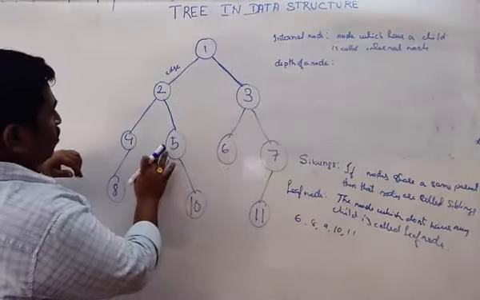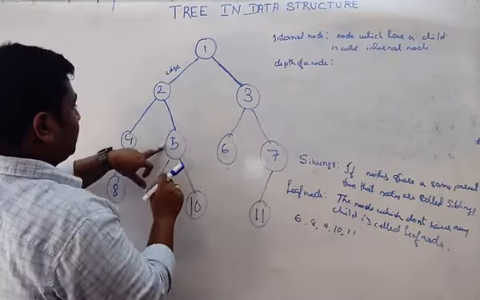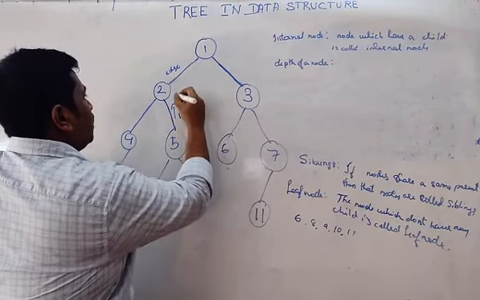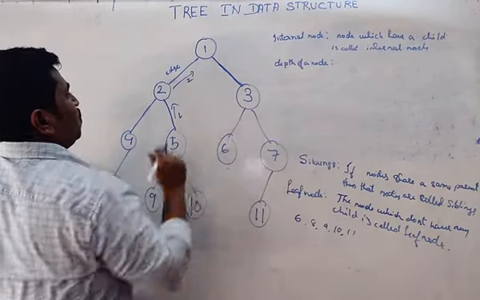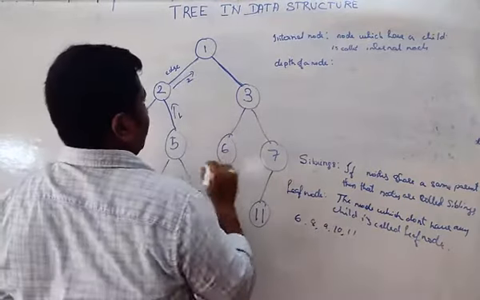So if I want to check the depth of node 5, the path is from here to here, 1, here to here, 2. So 2 is the depth of node 5.